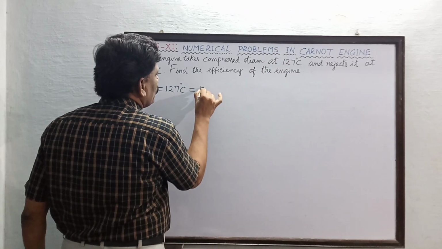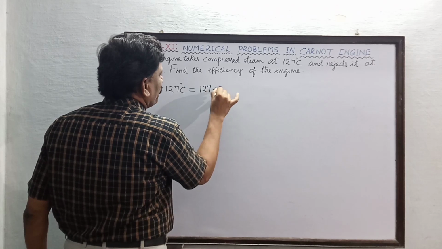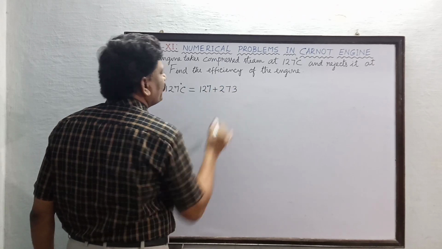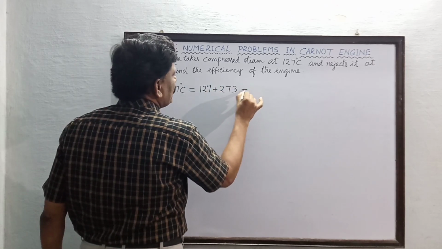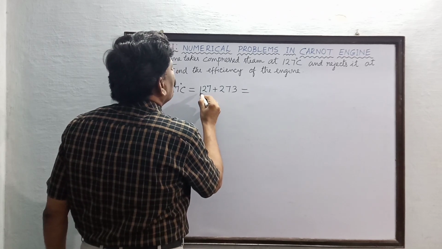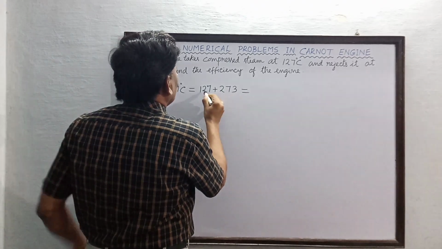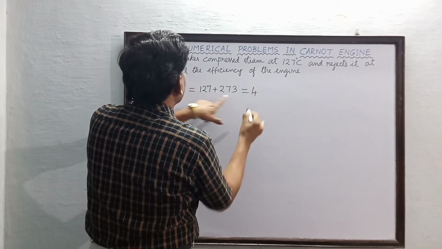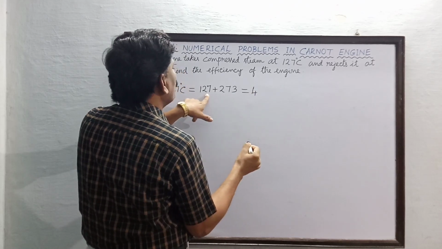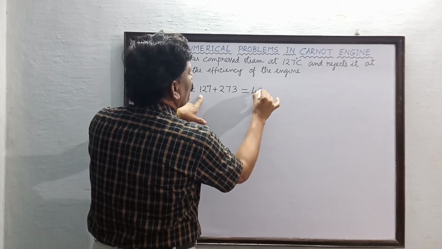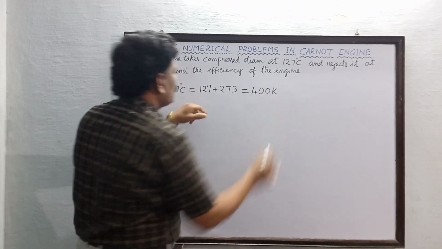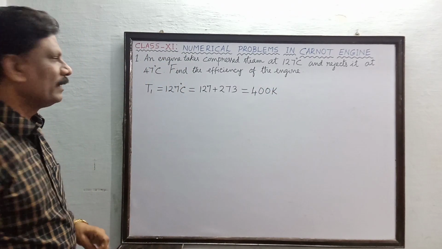So this is equal to 127 plus 273. So this is equal to 400. 273 plus 27 is 300, plus this is 400. So it is 400 Kelvin.